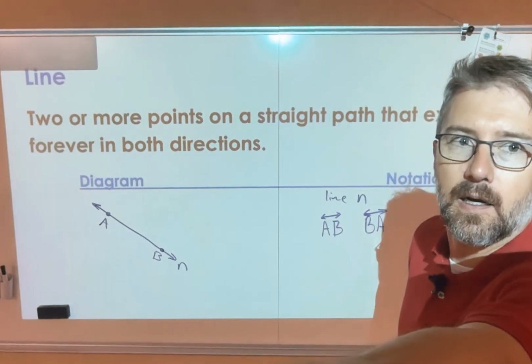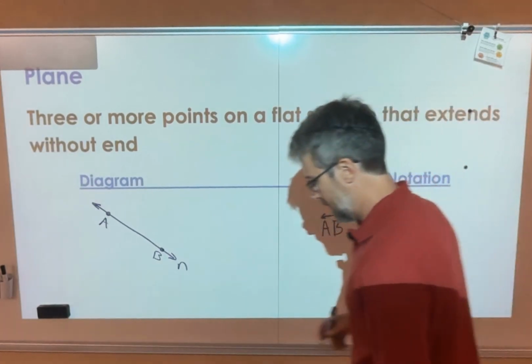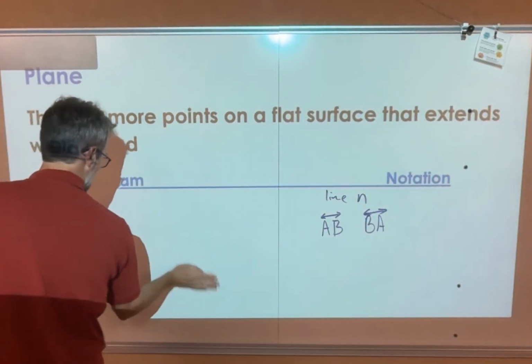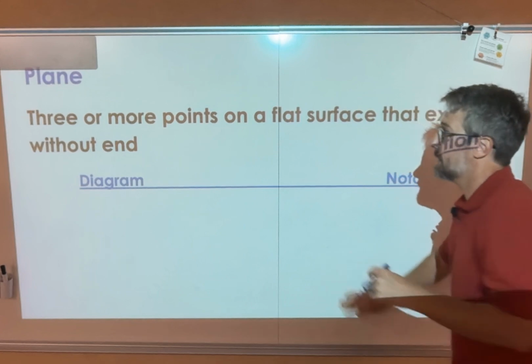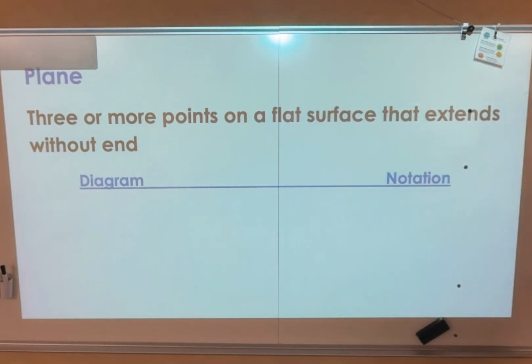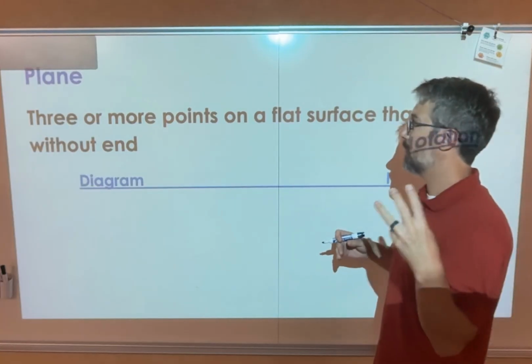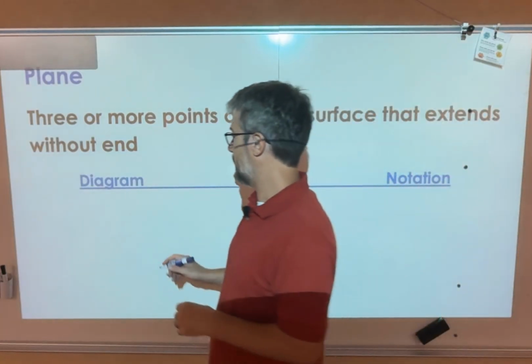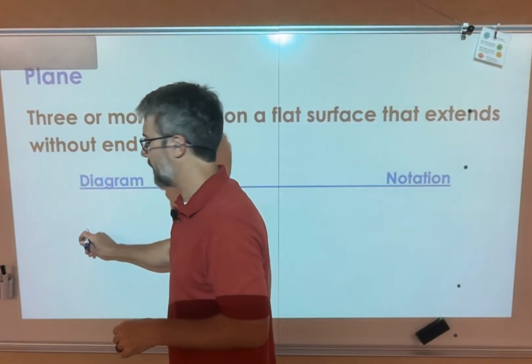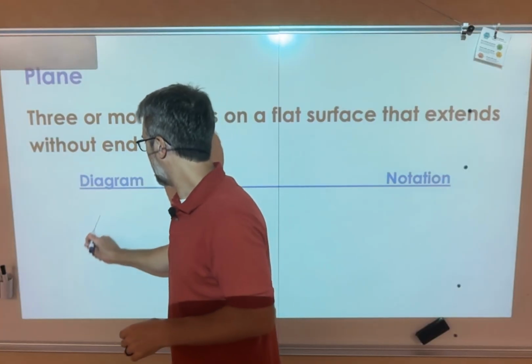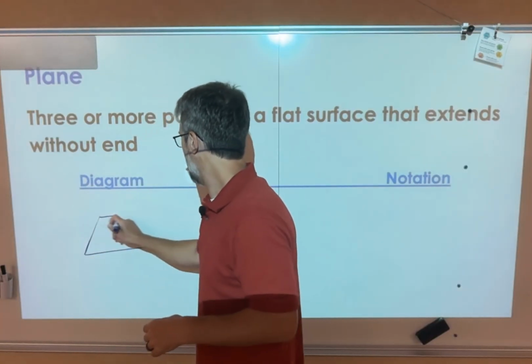All right, a plane. So not an aeroplane, but a plane, as in a flat surface that extends forever in all directions. It's got to have three or more points on it in order to be able to label it. So usually on a diagram of this, we'll start out with like a parallelogram, right?